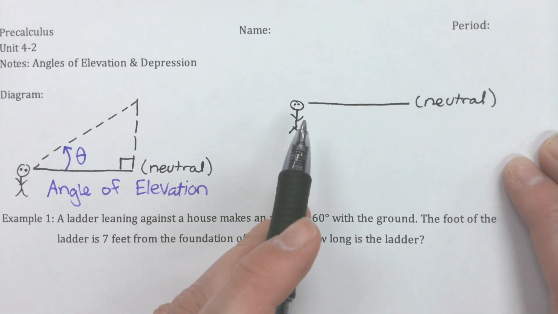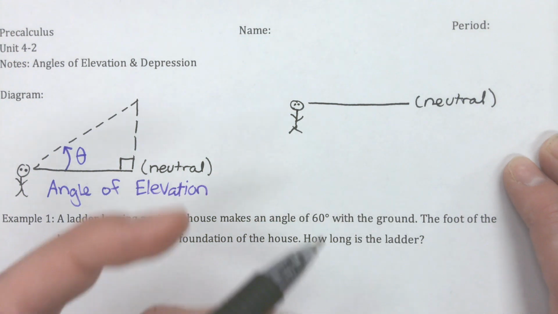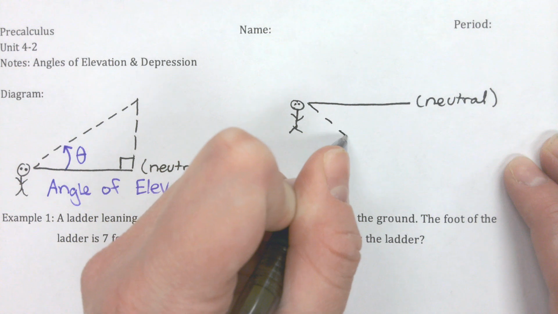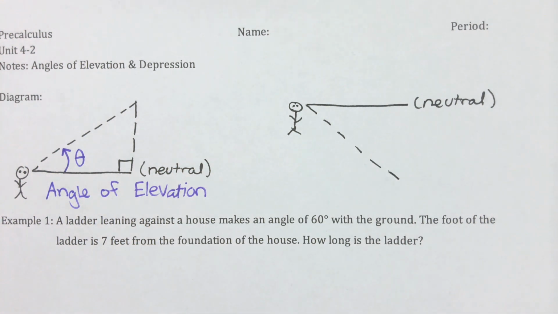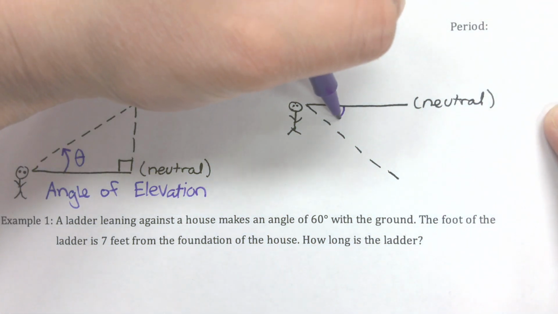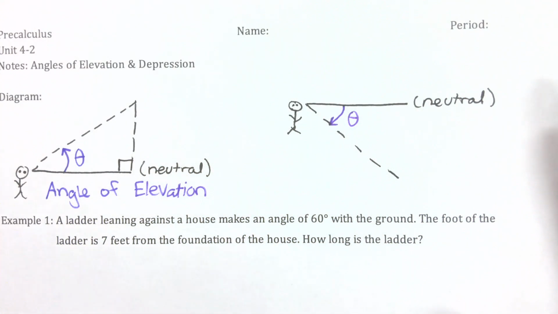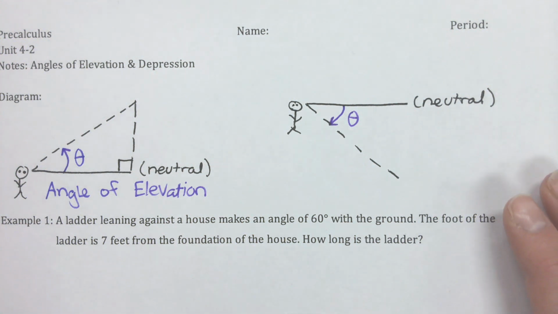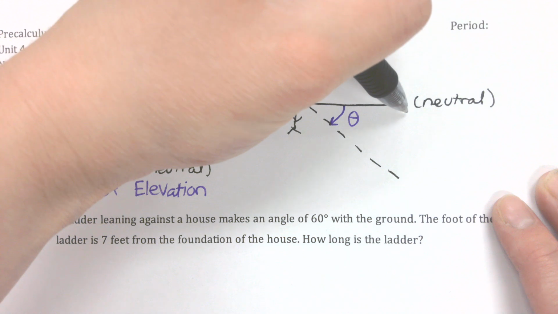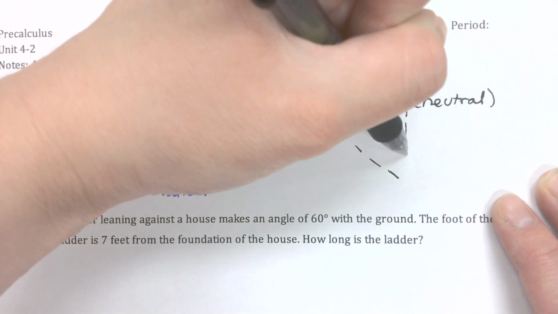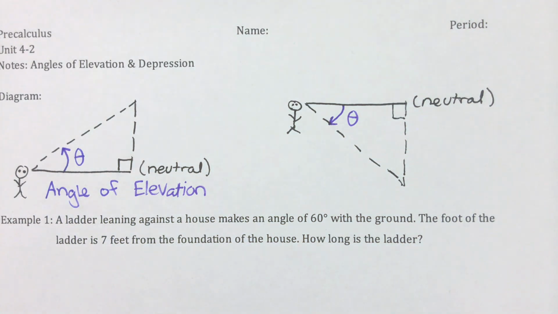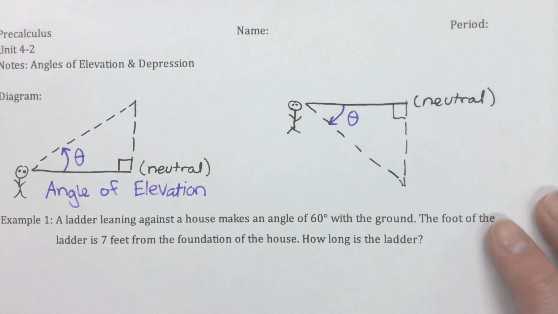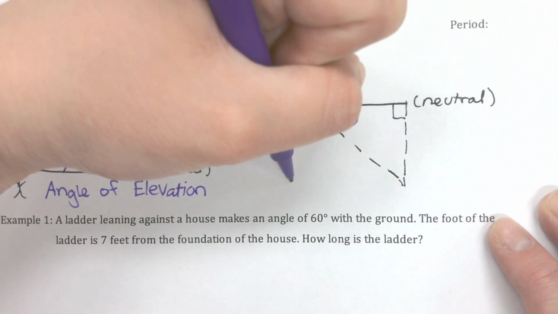And this time, if we're creating an angle of depression, that means we're going to be looking downward. And again, you can see how the triangle is going to finish from there. This is our angle of depression.